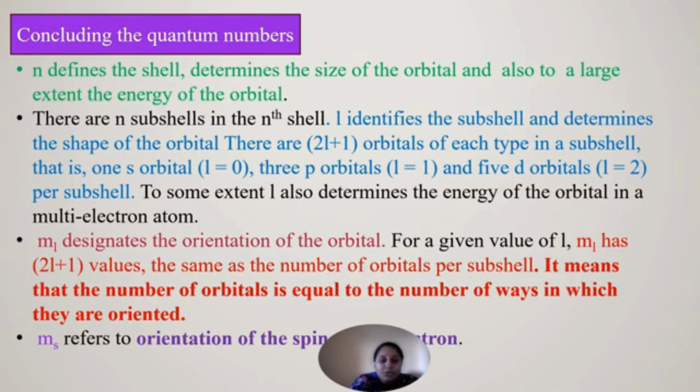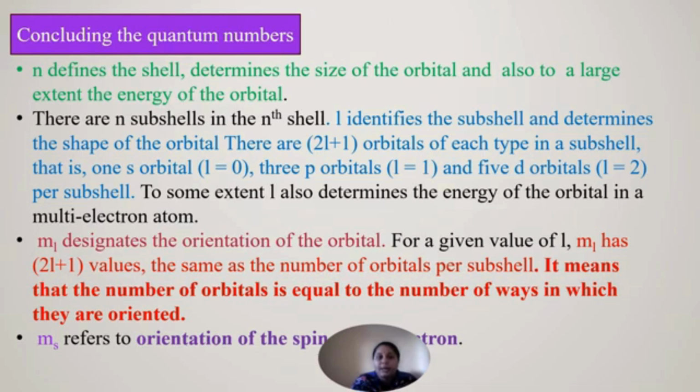And what is the conclusion of these quantum numbers? So, n is the shell. It defines the shell, and it also determines the size of the orbital and, to a large extent, the energy of the orbital. There are n subshells. And l identifies the subshell and also determines the shape of the orbital.